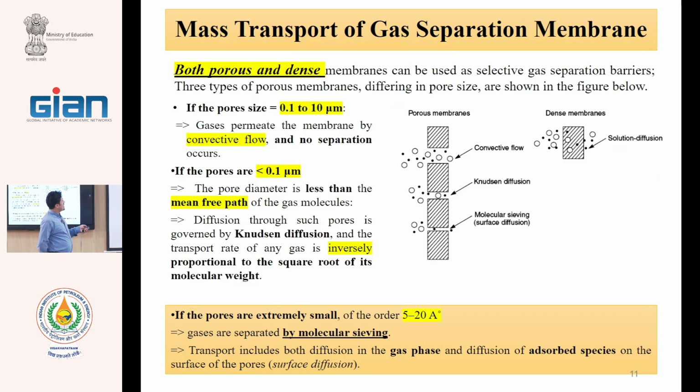Therefore, in Knudsen diffusion, surface diffusion and adsorption diffusion, we have very low selectivity but very high flux. Porous membranes have high flux and low selectivity, but in solution diffusion we have a higher selectivity, but because there is no porosity, the flux is low.